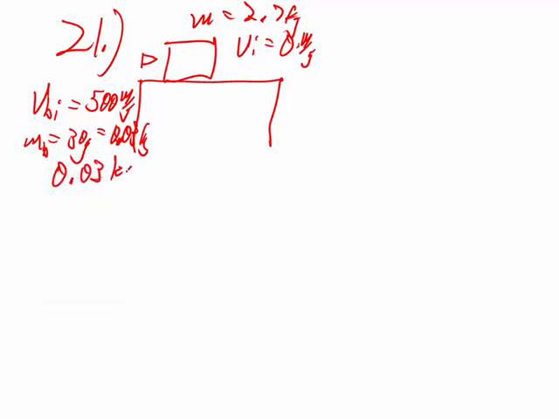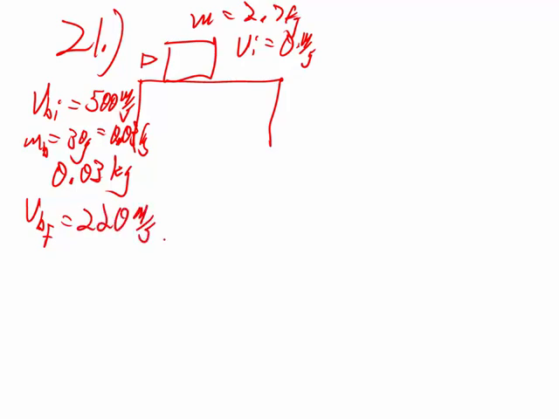All right, good. It goes completely through the block, emerging at a speed of 220. So the final bullet velocity is 220 meters per second.